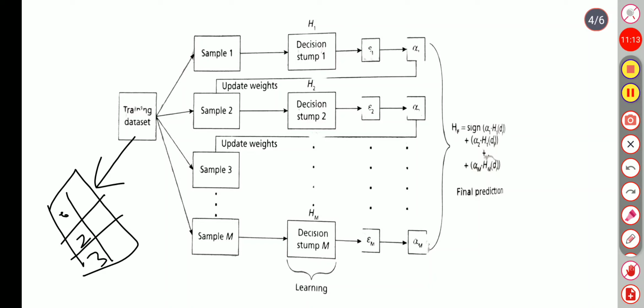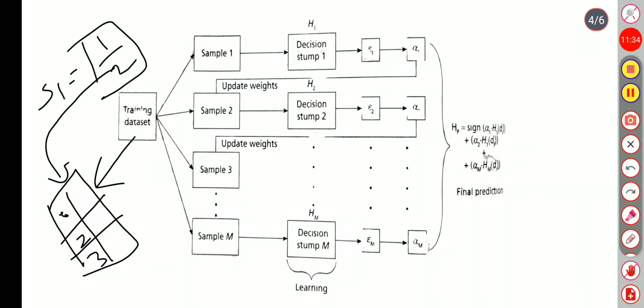So bootstrap sample says it's a random selection with replacement. What is the definition of bootstrap samples? Random selection with replacement. So the first bootstrap sample S1 consists of 1 and 2 as the instances. These are randomly selected, and with replacement, you need to provide it back again and go for the second bootstrap sample.